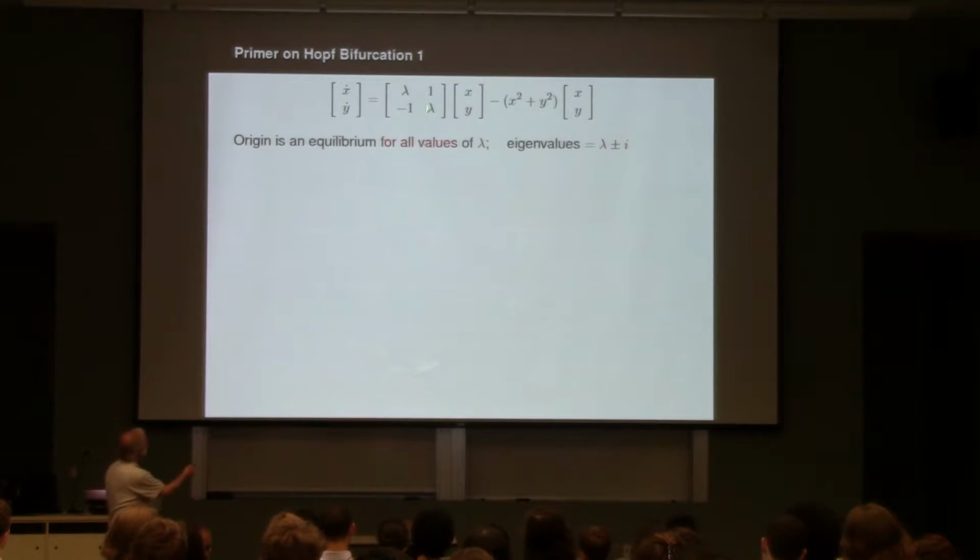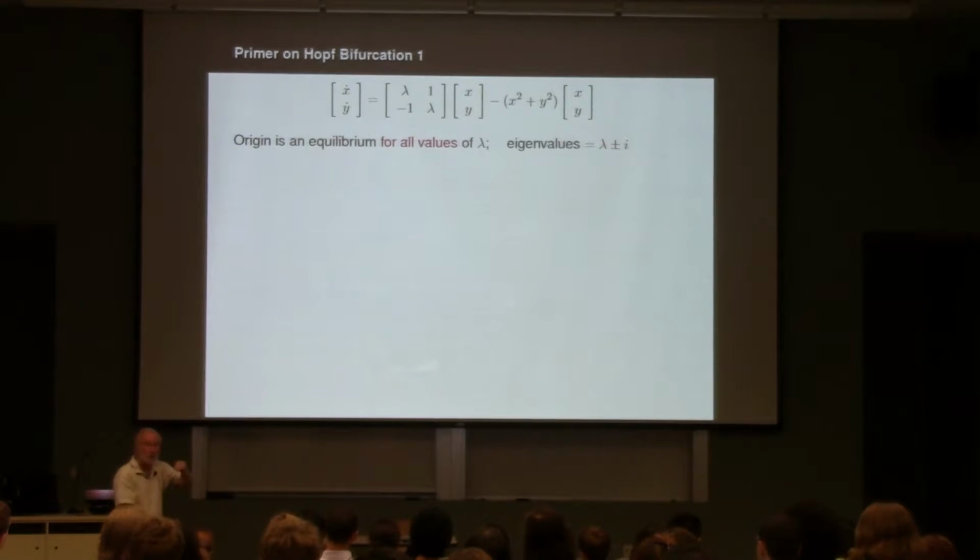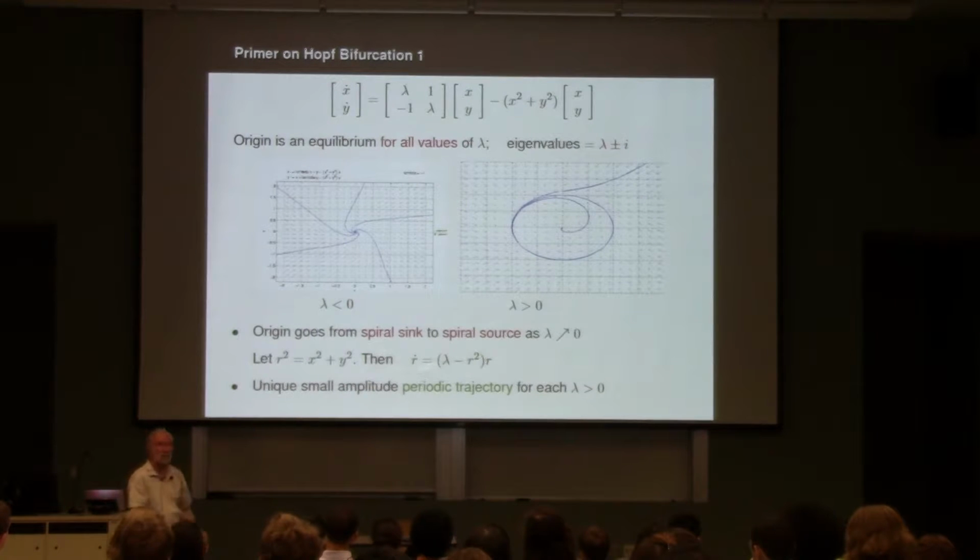In the linear part, lambda is a bifurcation parameter. I'm going to vary lambda. When lambda is negative, well, this matrix has eigenvalues lambda plus or minus i. If I forget about the cubic term, the solutions are just going to spiral into the origin. If lambda is positive, they're going to spiral away from the origin. If you look numerically, it's not surprising that when lambda is negative, solutions just go into the origin.